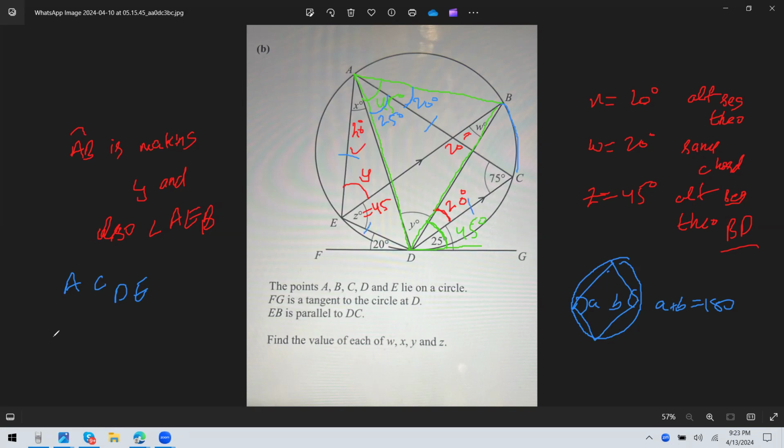Your opposite angles are y plus 45, that's this big angle AED, and the opposite one is 75. This whole angle y plus 45 plus the opposite angle 75 must be equal to 180 degrees. So from here you can find y is equal to 60 degrees. The reason is opposite angles of a cyclic quadrilateral are supplementary.